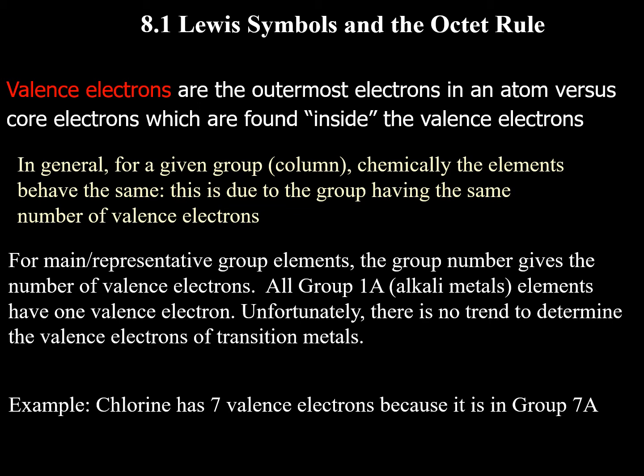So in general, you look down a group or down a column in terms of main group elements to let us know how many valence electrons there are. For instance, chlorine is a halogen, group 7A, so it has 7 valence electrons. Sodium, which is an alkali metal, has 1 valence electron. I'll use this symbol for valence electrons.